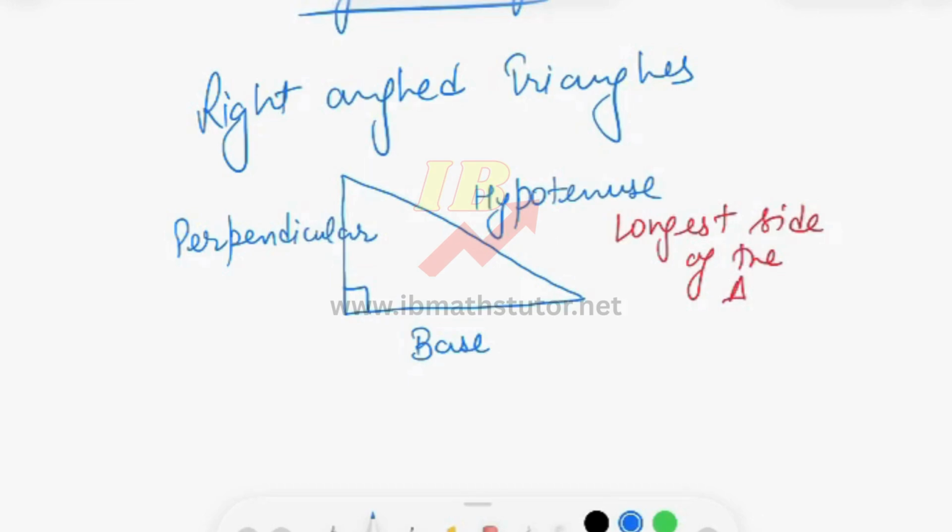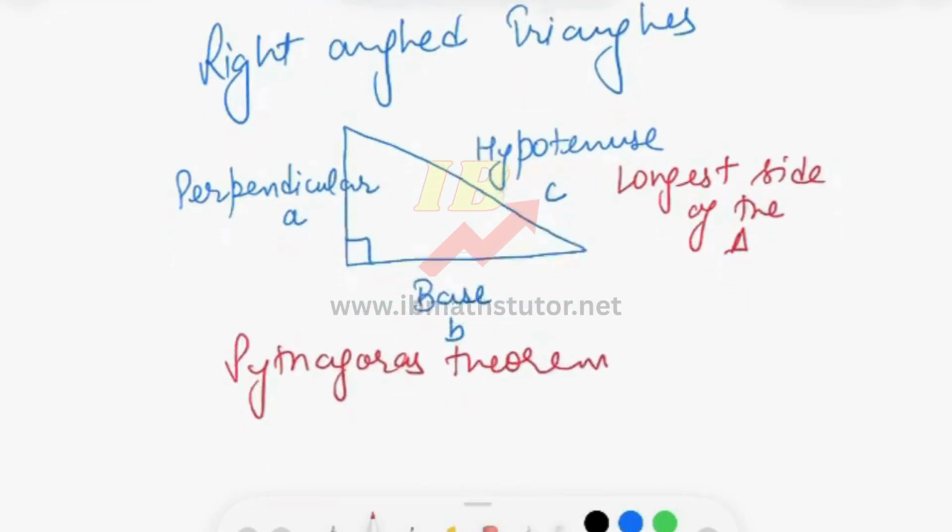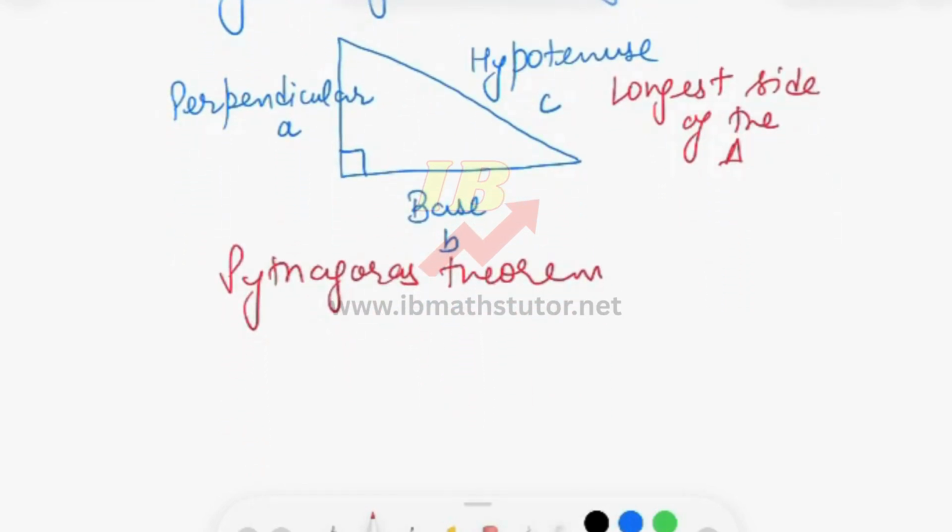So basically, if I want to write some side names, this is A, this is B, and this is C. Here comes one more theory that is called the Pythagoras theorem. What is Pythagoras theorem?